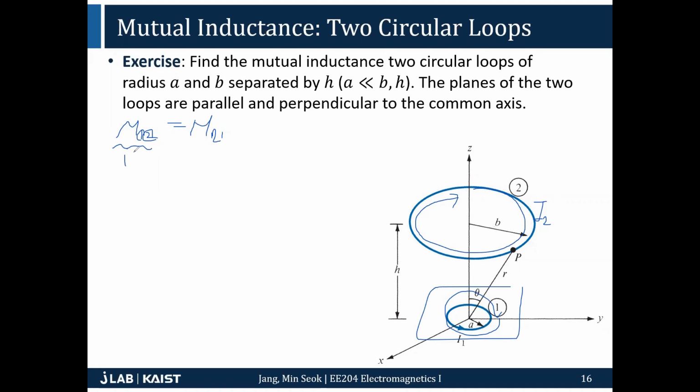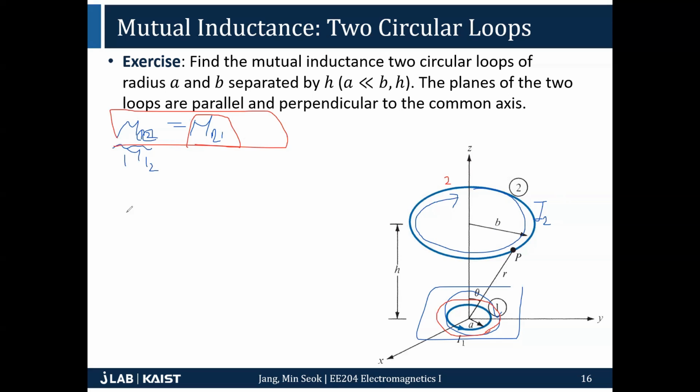That's how you evaluate M12. And when you want to evaluate M21, you let this circuit have current I and then evaluate the magnetic flux through loop 2. Then you get M21. But we already know the solution must be the same, right?